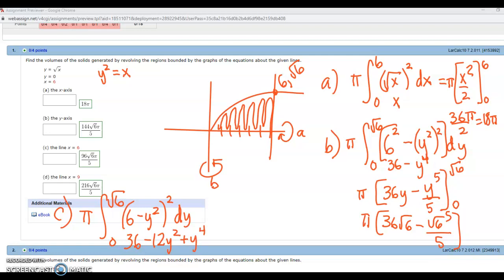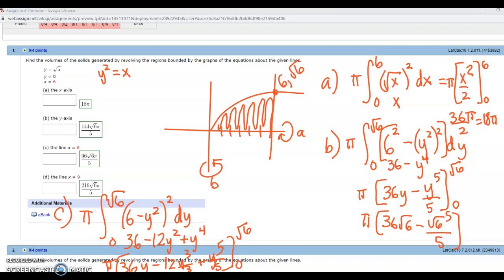I FOILed it out. And then again, I'm going to have to plug in the square root of 6 after I integrate. So I have 36y minus y to the third over 3 plus y to the fifth over 5. Get my pi. And then again, I'm just going to plug in the square root of 6.